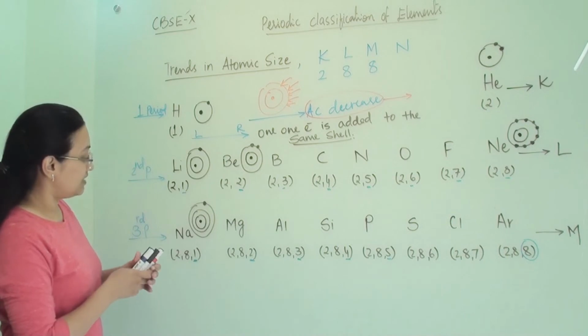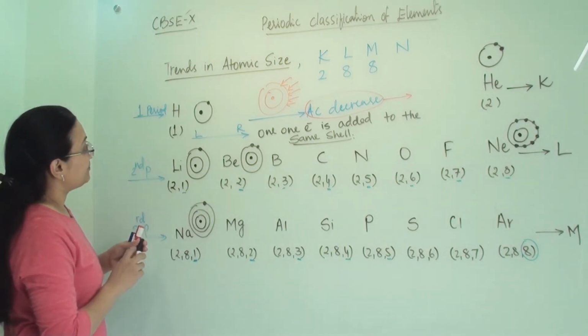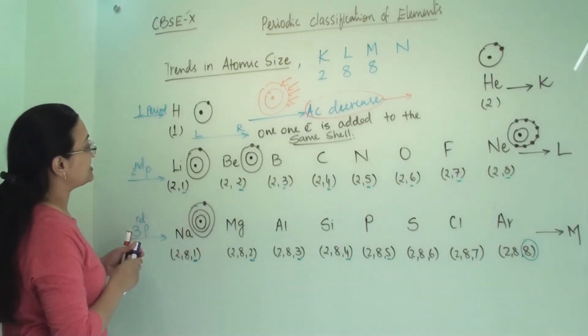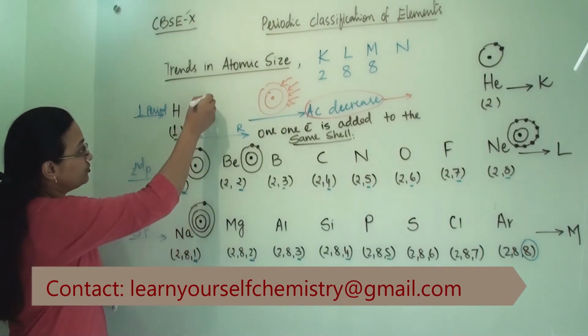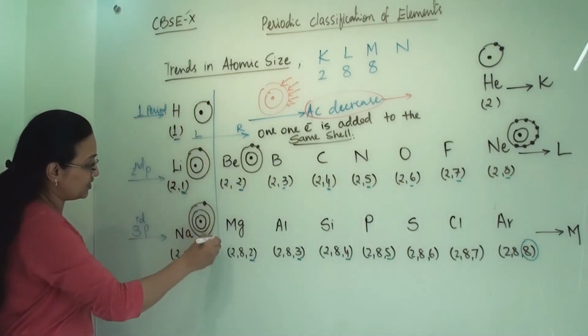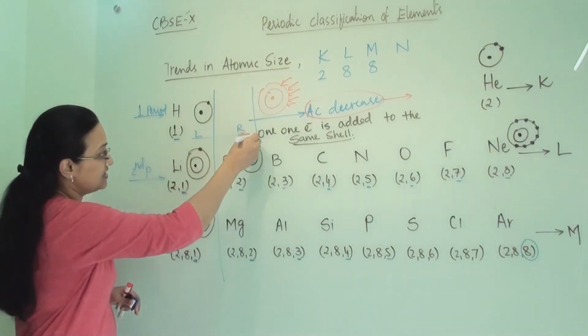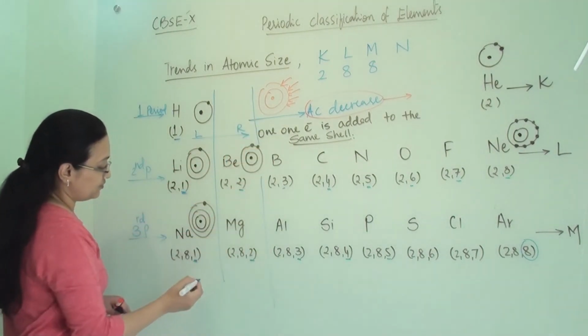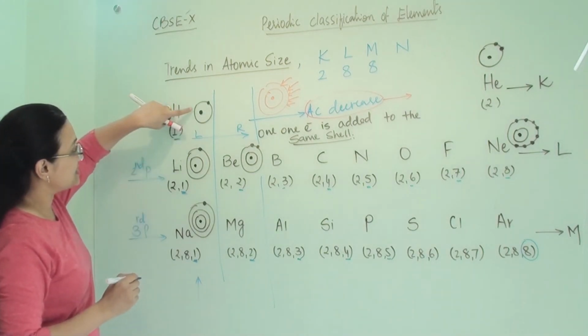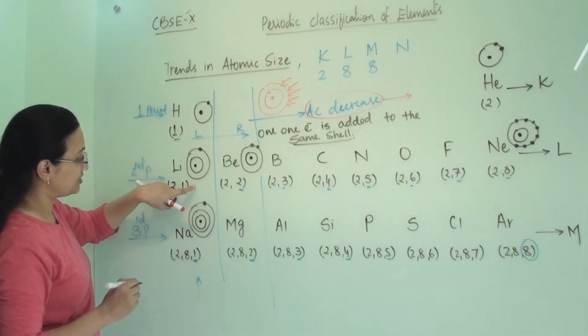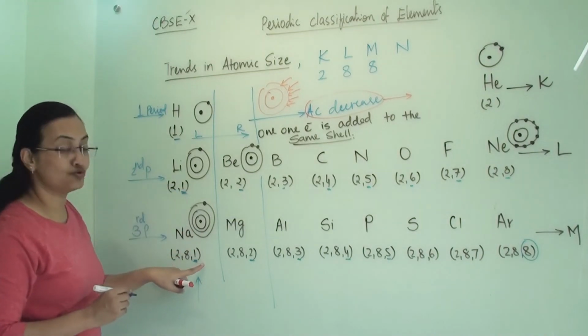Now you can see here that one electron is there in the valence shell in one particular group. Let us take this one group, and this is our second group. So here one electron is in the valence shell, here one electron, and here also one electron.